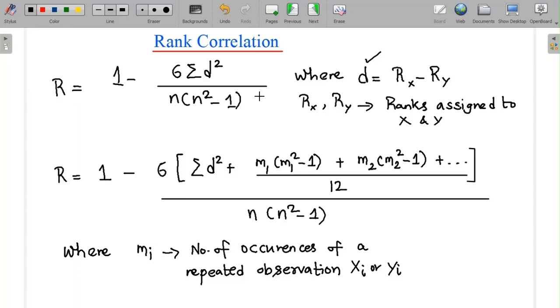I'll show them using an example. And accordingly, we use the second formula. So this second formula, once again, uses values such as M1 and M2, where each Mi is the number of occurrences of a repeated observation in the X or Y column. We go to the formula once again when we deal with the corresponding problem.